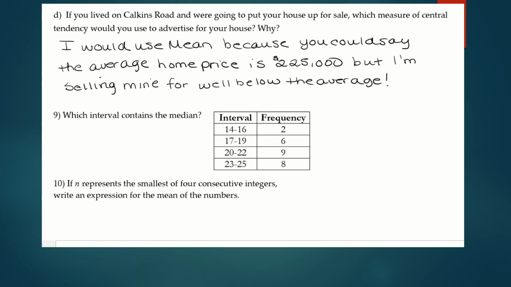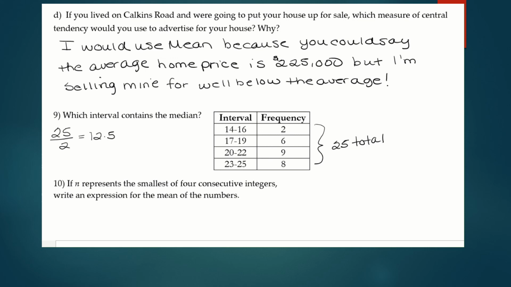So let's see. If I'm looking at the total pieces of data that we have here, I'm going to add up my frequency values. So 2 plus 6 plus 9 plus 8 gives us 25 total pieces of data. To find the median, since 25 is an odd number, I'm going to cut this in half, and that gives me 12.5.